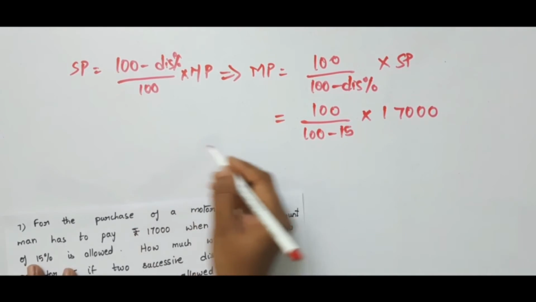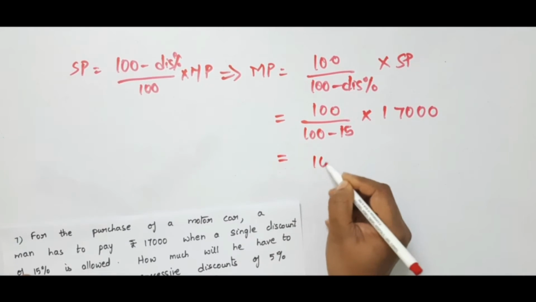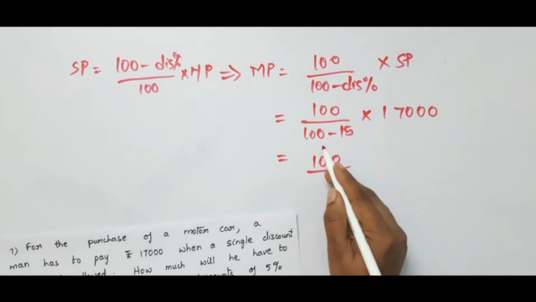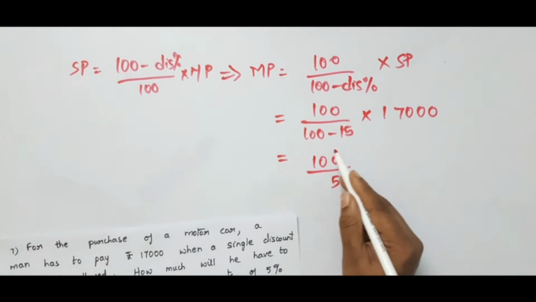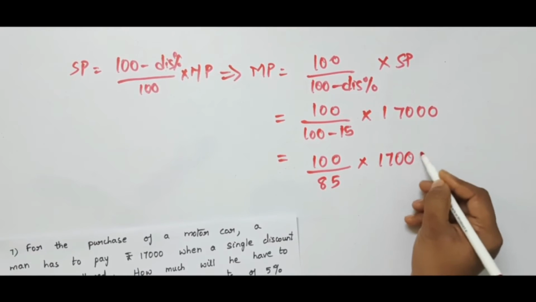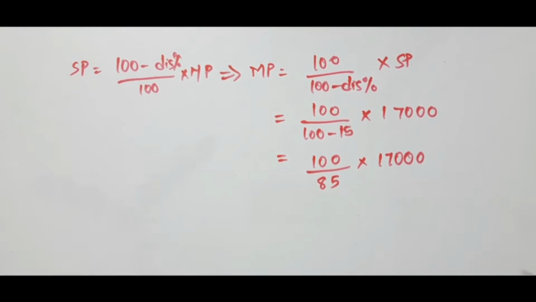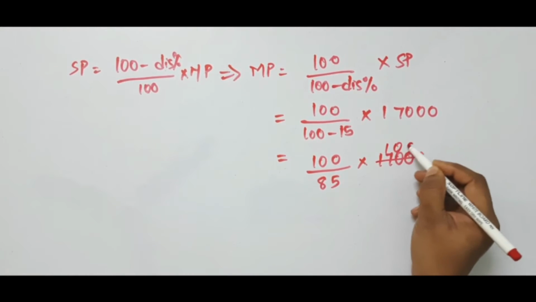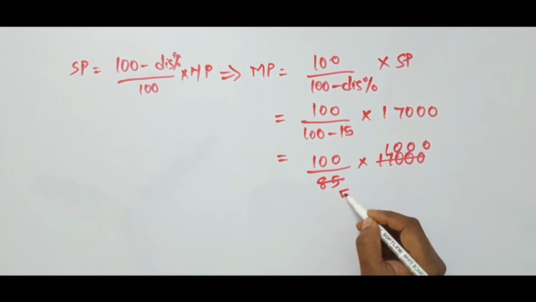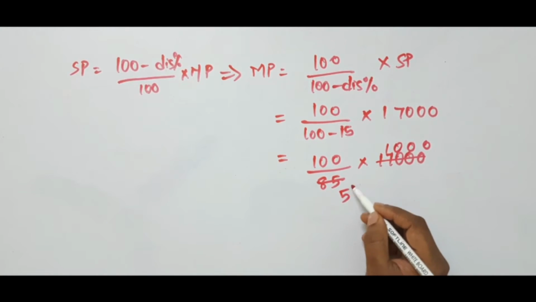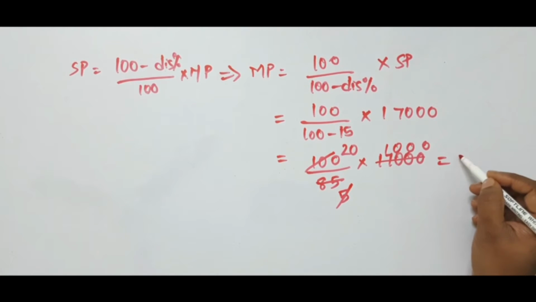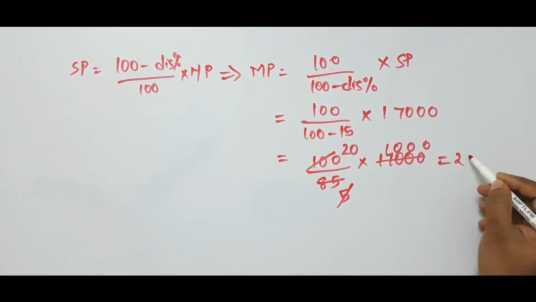So this is equal to 100 by 100 minus 15, right? 10 minus 5 is 5, and here 9 minus 1 is 8, so 85 into 17,000. 17,000, and here it is 17 into 5. Is it not? Now 5 20s. So we got 20,000.